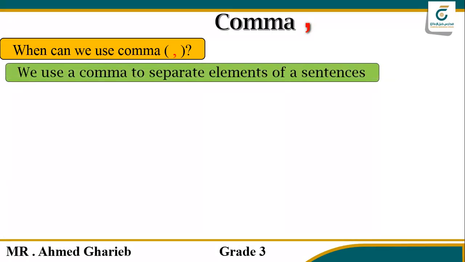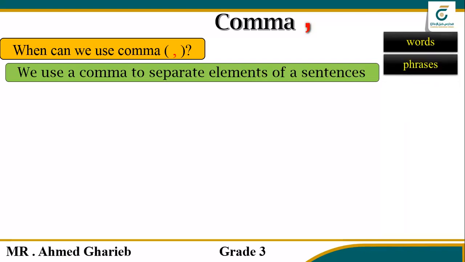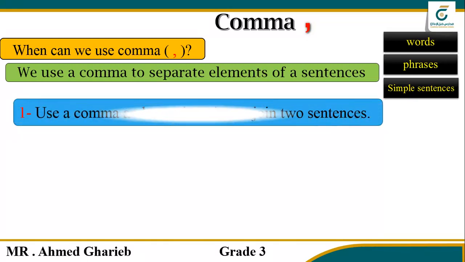We use a comma to separate elements of a sentence, parts of a sentence, which are words, phrases, and simple sentences. Let's start with simple sentences. I told you before that we can combine two simple sentences to make a new one called compound sentence.